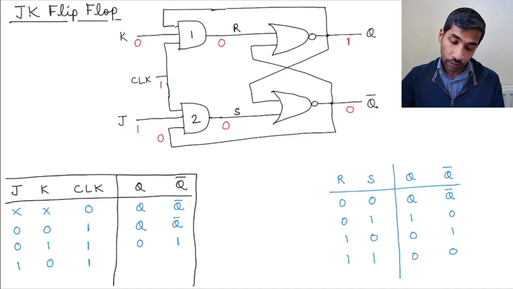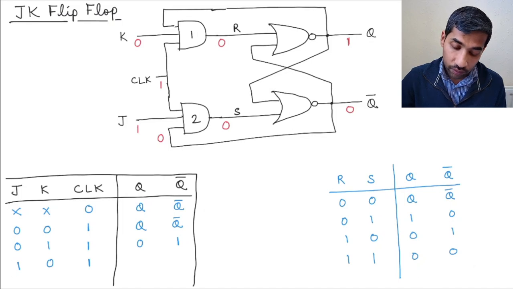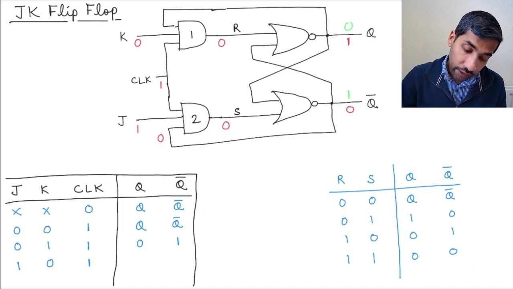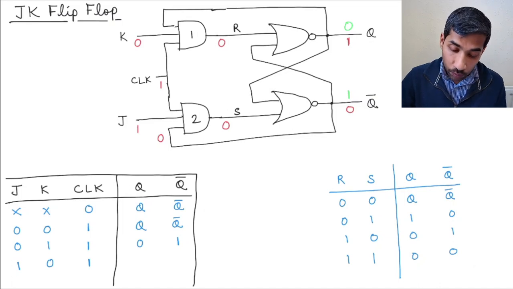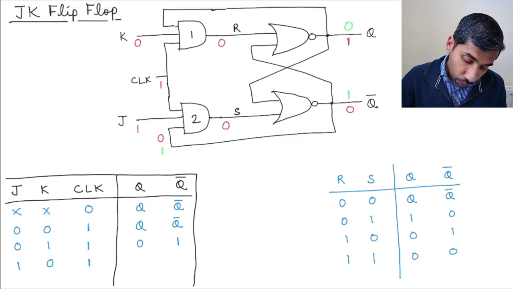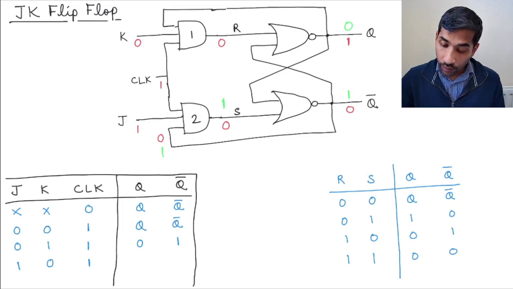Okay, now what happens if Q bar is not 0 but it is 1? So we start with 1, so then Q is 0. So if Q bar is 1, the input here is 1, so then S is 1, and let's look at the state where R is 0 and S is 1.